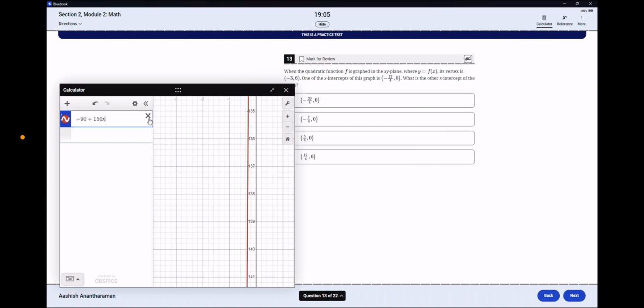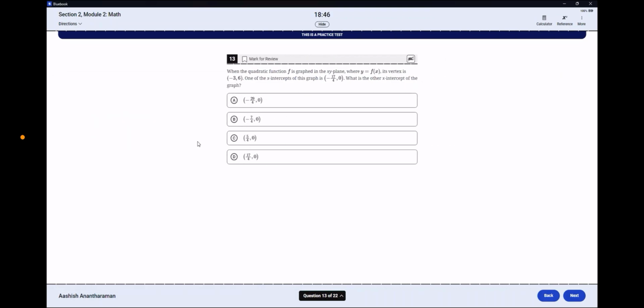I'm going to use a calculator here to find the distance between negative 17/4 and negative 3. So negative 3 is negative 12/4. The difference between negative 17/4 and negative 12/4 is 5/4.